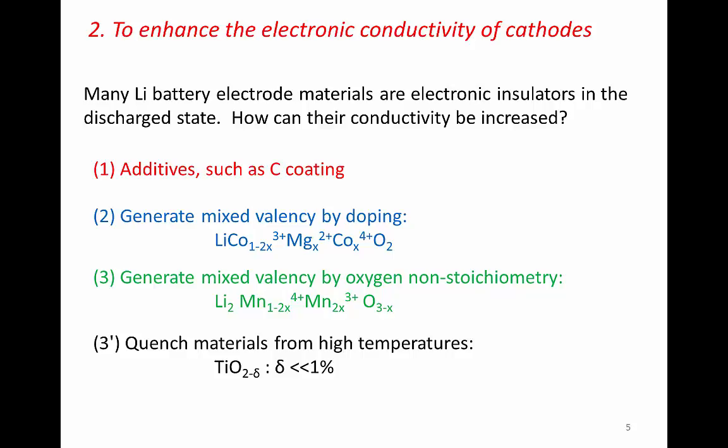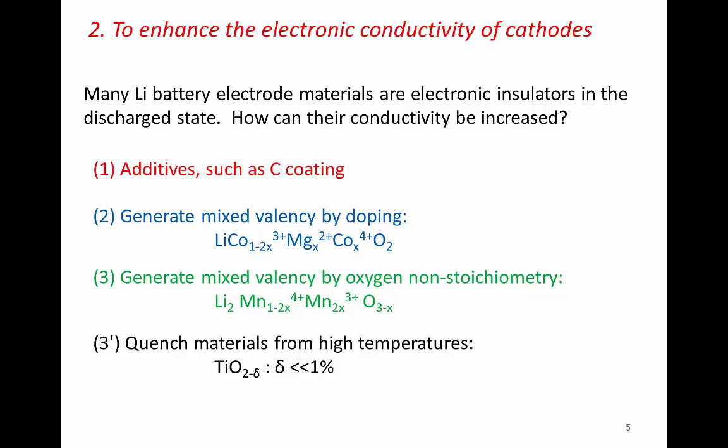One way that this can be achieved is by quenching materials from high temperatures, because it's very common that at high temperatures materials do lose a little bit of oxygen. There's a formula there for rutile, TiO2, which loses a tiny amount of oxygen at high temperatures, but it's sufficient to transform the material from being a nice white fully oxidized insulator to a grey or black semiconductor just by losing a tiny amount of oxygen.